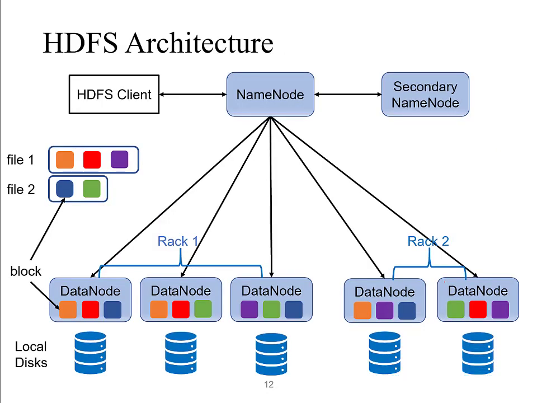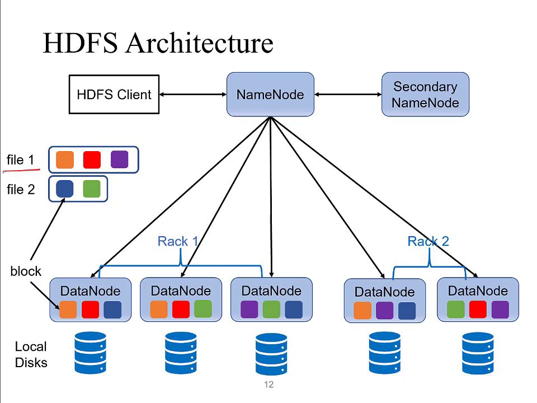So here is the architecture of HDFS. We have a name node, a secondary name node, and data nodes. You can think of them all as machines. And the HDFS client could also be a machine. That is the machine that you are using.